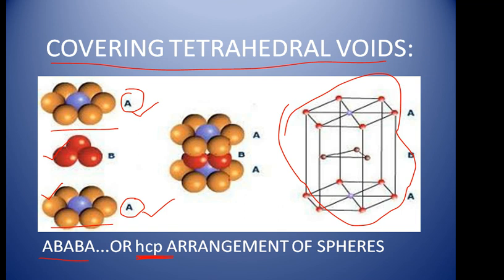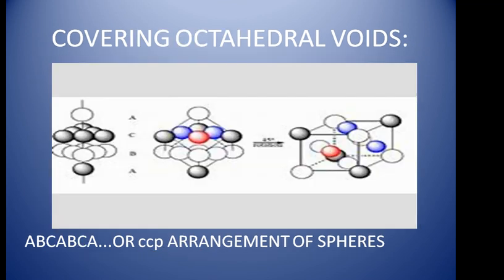Now the next one, if you want to cover the octahedral void. If you want to cover the octahedral void, then it is found that the third layer is different from both the second layer and the first layer. But the fourth layer is exactly the same as the first layer.